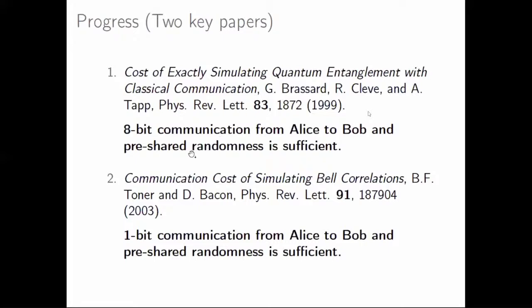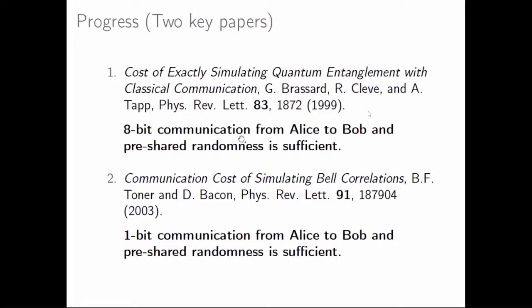They showed that with 8 bits of communication, they give a protocol in which if 8 bits are communicated from Alice to Bob, and Alice and Bob have some pre-shared randomness, then it is sufficient to simulate the statistics of singlet correlation.